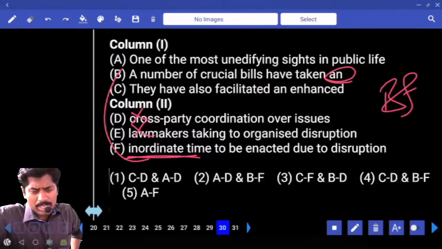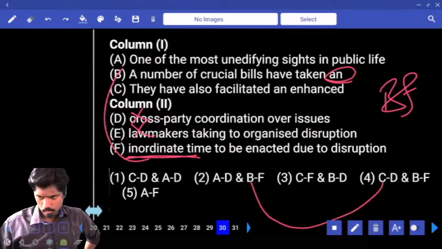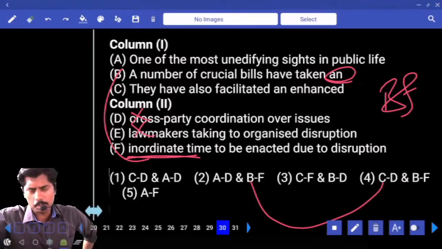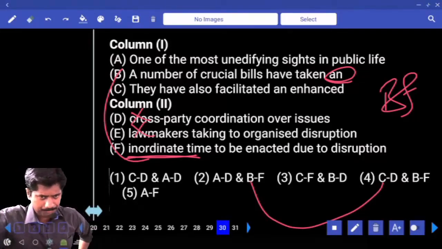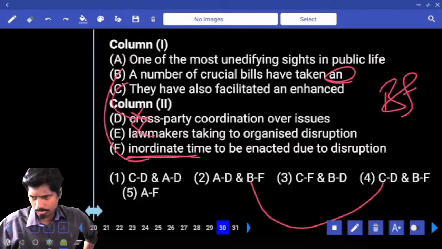An inordinate time to be enacted due to disruption. Where is BF? Two or four. A is not suitable to any, maybe CD. Let's check CD. They have facilitated an enhanced cross-party coordination over issues. Fourth option, CDBF.